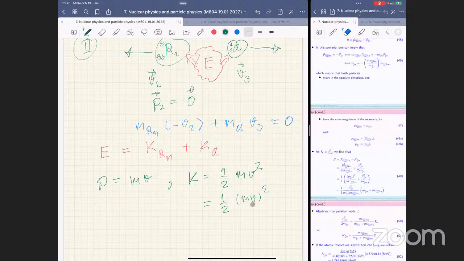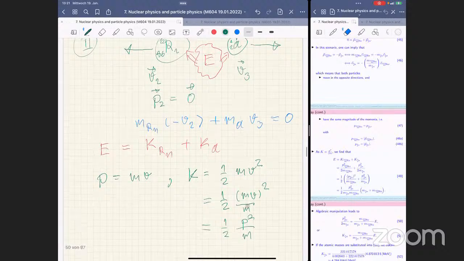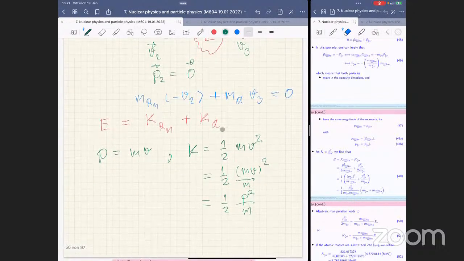You can have 1/2 mv squared, but you have added one m above, so you have to reduce m below at the denominator by dividing by a single m. So in terms of P, which is mv, we have K equals 1/2 P squared over m. This is the relation between kinetic energy and momentum in general, not only in nuclear physics in this chapter. It is valid for any topic in physics.